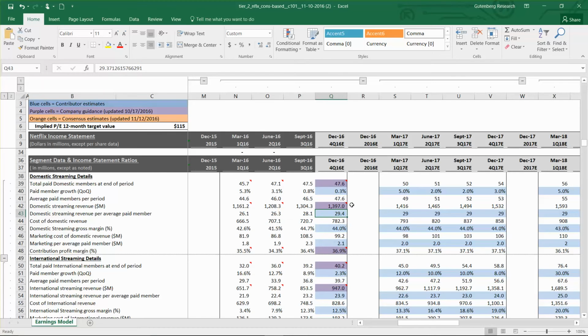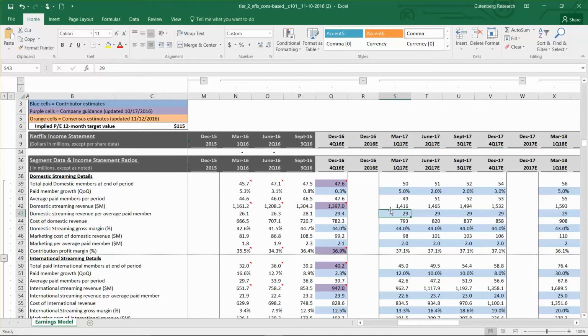In order to get back to management's full quarter revenue estimate, we had to bump it up to about $29.40. Then in the 2017 year, we just kept it flat at $29. They're facing some competition from Amazon Prime Video, so there is a possibility that it could come down in the future. But that's one of the things you might want to change in your model.